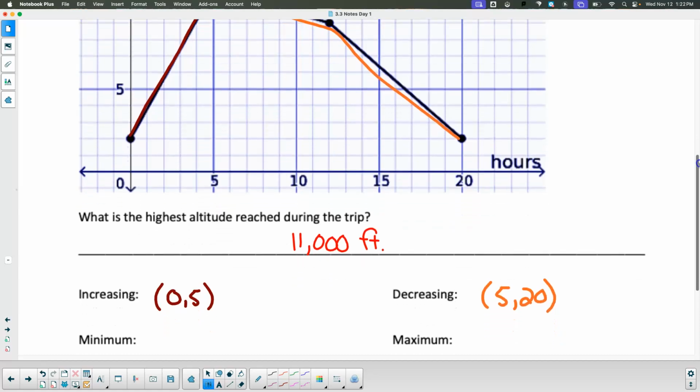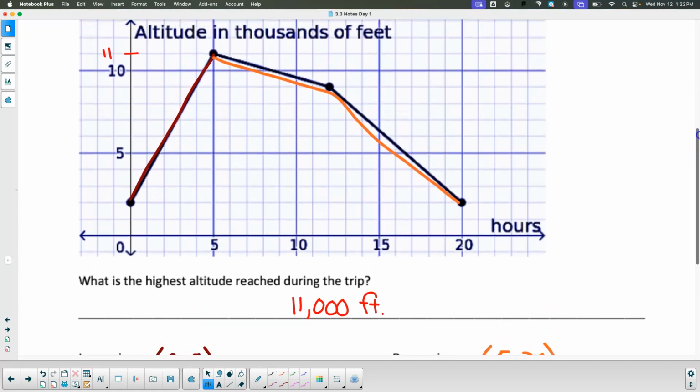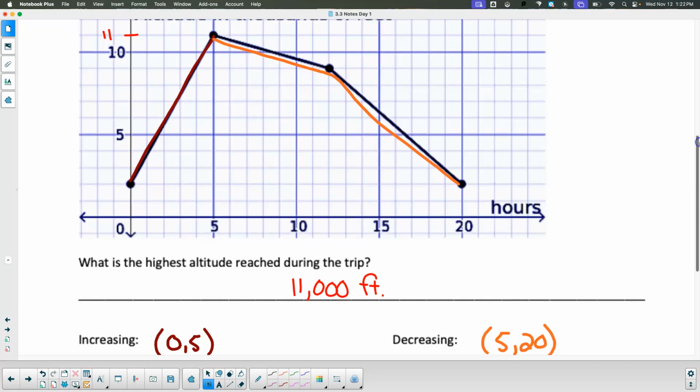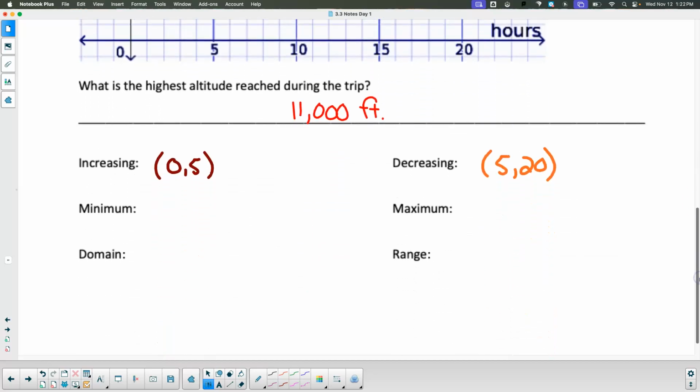Okay. Next one said minimum and maximum. I'm going to do the maximum first because I have to scroll back up in order to see it. The maximum we already said was 11,000, right? At x equals 5. So we should be a little bit more specific with that. So could we say 11,000 feet at x equals 5 hours?